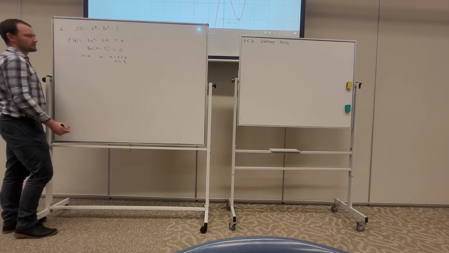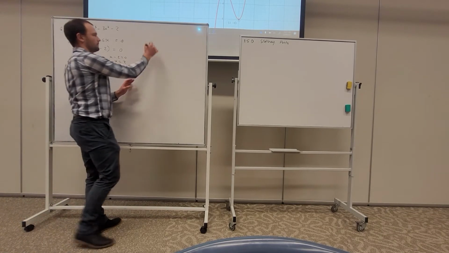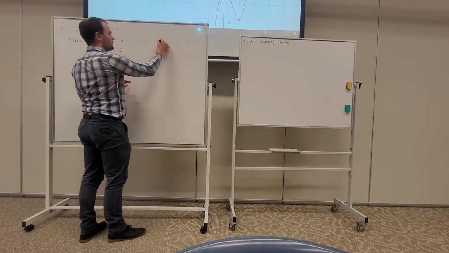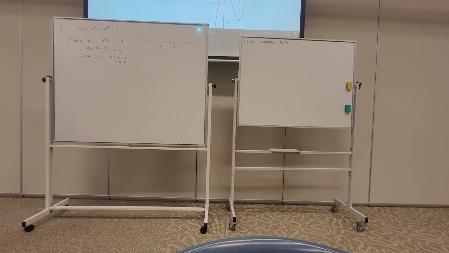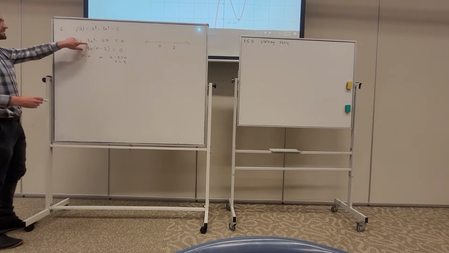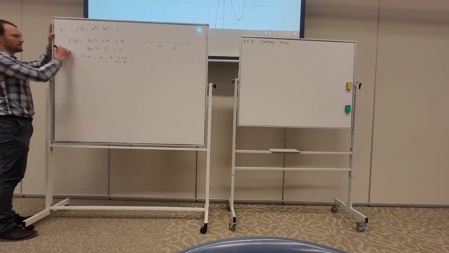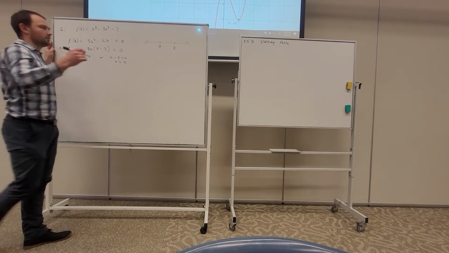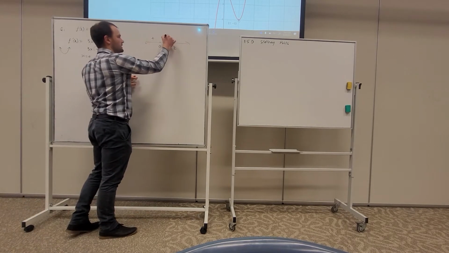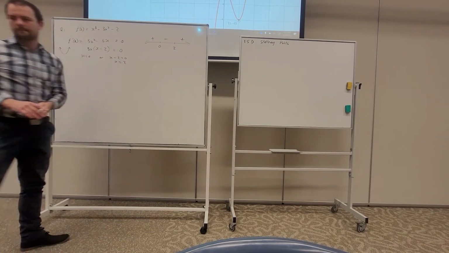So there are our two solutions for the sign diagram: 0 and 2. I'm recognizing this is a quadratic. It has a positive a value, which means it's opening upwards, which means the shape it's going to take is plus, minus, plus.